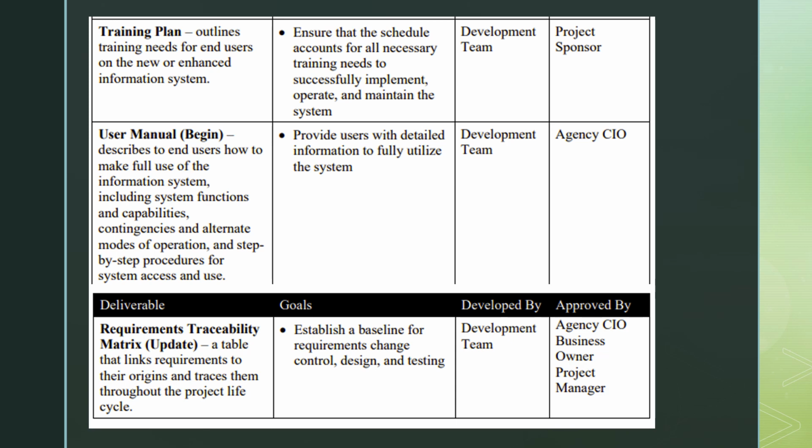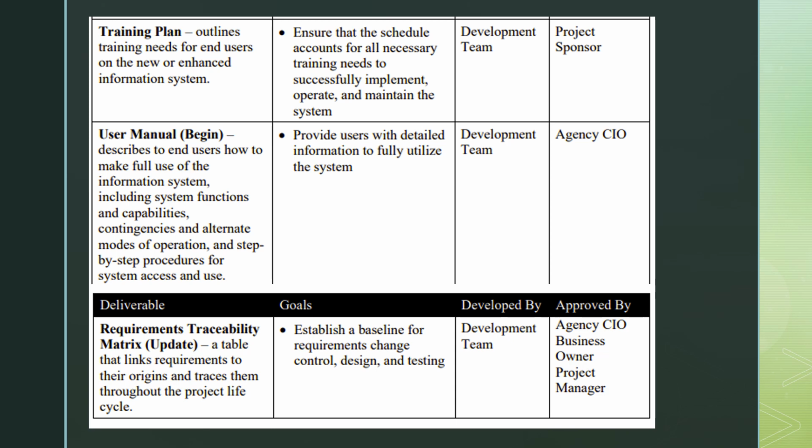Next, we have the training plan. This outlines the training needs for end users on the new or enhanced information system. Its goal is to ensure that the schedule accounts for all necessary training needs to successfully implement, operate, and maintain the system. This would be developed by the development team and approved by the project sponsor. Next, for the deliverable, we have the user manual.